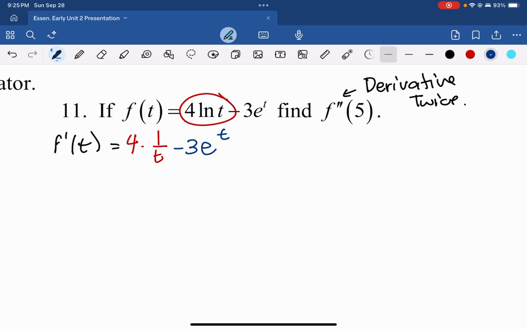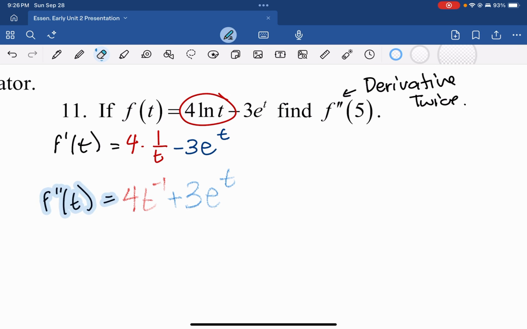So that's our first derivative. Okay, second derivative. I'm actually going to rewrite my first derivative, right? So 4 times 1 over t, that's really like 4t to the negative 1, minus 3e to the t.